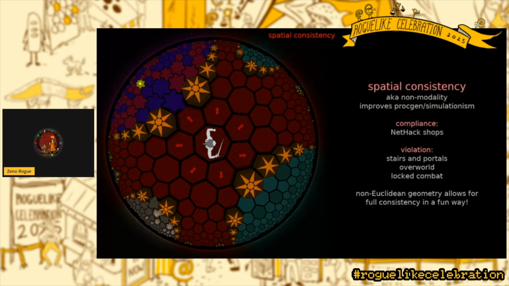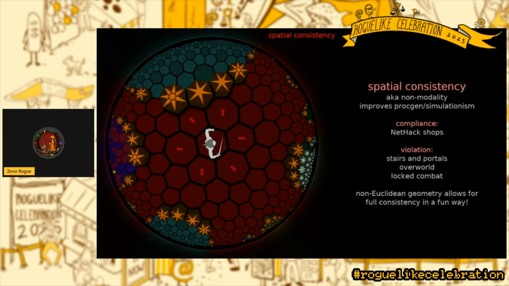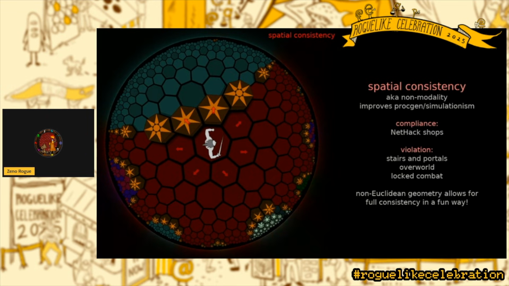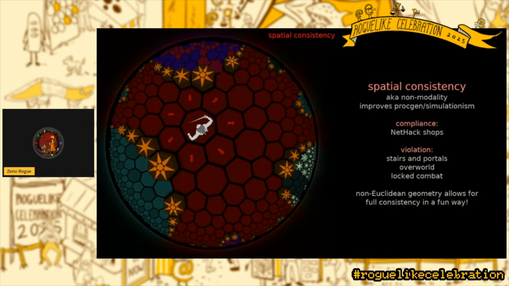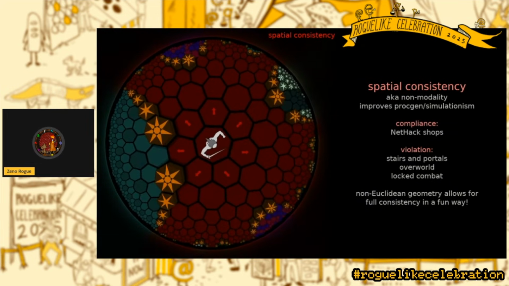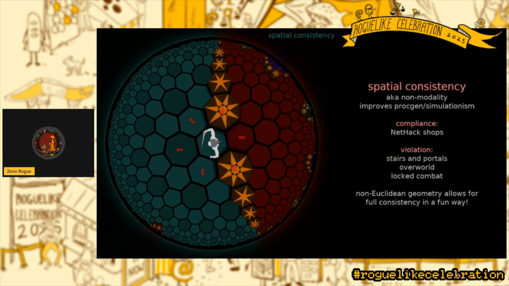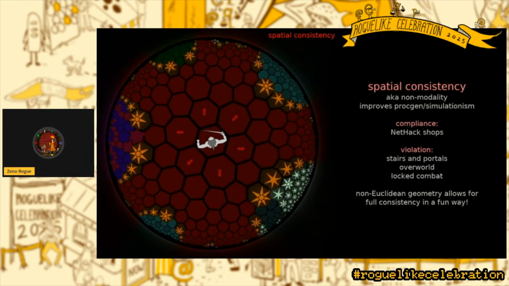For example, in roguelikes we often have stairs, which are a kind of violation of this spatial consistency, because it is not clear whether the enemies should follow you through the stairs or not, right? Here, non-Euclidean geometry allows us to have this spatial consistency in a fun way. So we have these hyperbolic structures like here, and they allow us to have a new structure of the world, right?